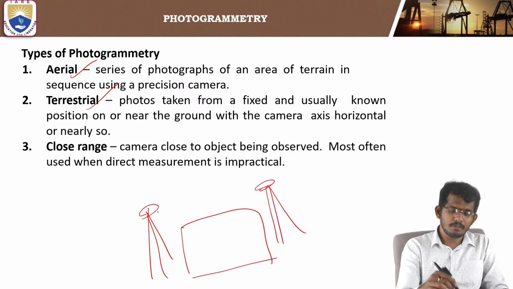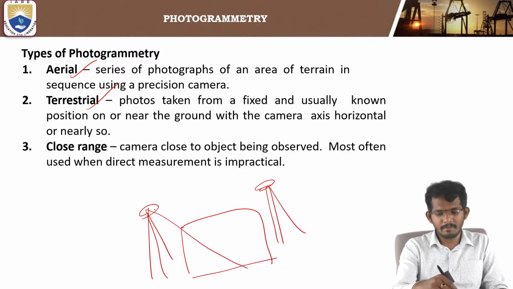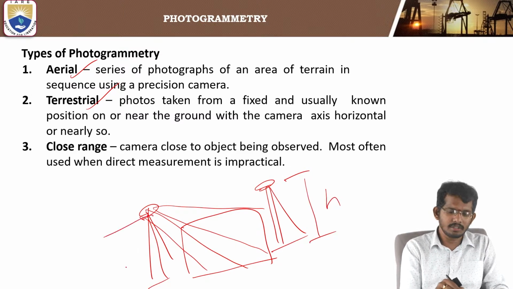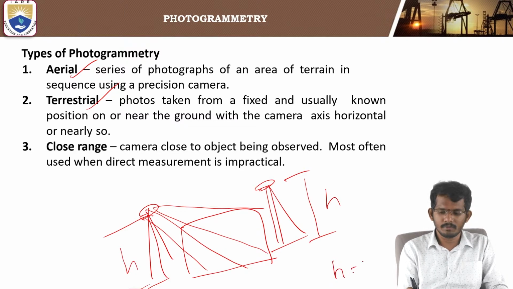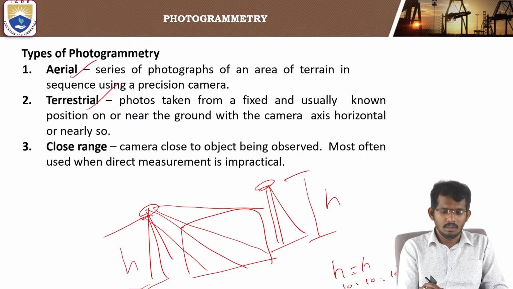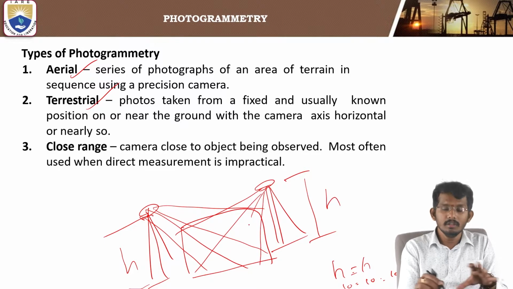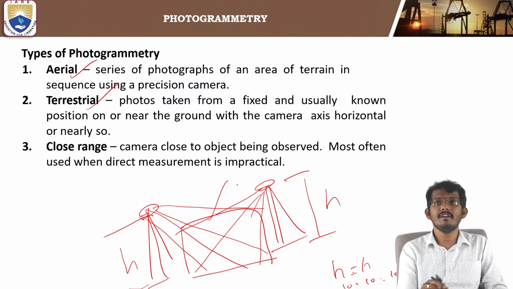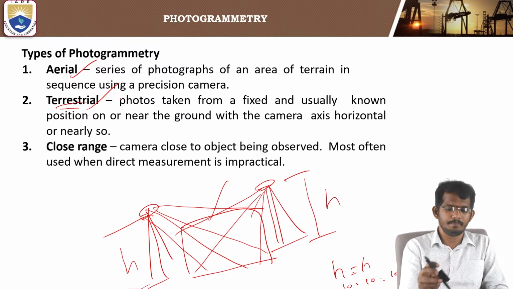From the left side we capture one image of this photograph, and from the right side, at a terrestrial height of the same altitude h, say 10 meters, we capture another photograph. By the process of stereoscopy we can obtain the physical quantities of an object present in the photographs captured using terrestrial photogrammetry.